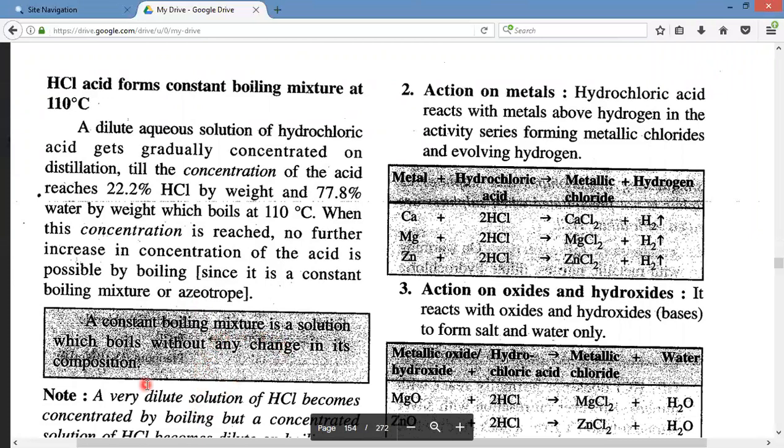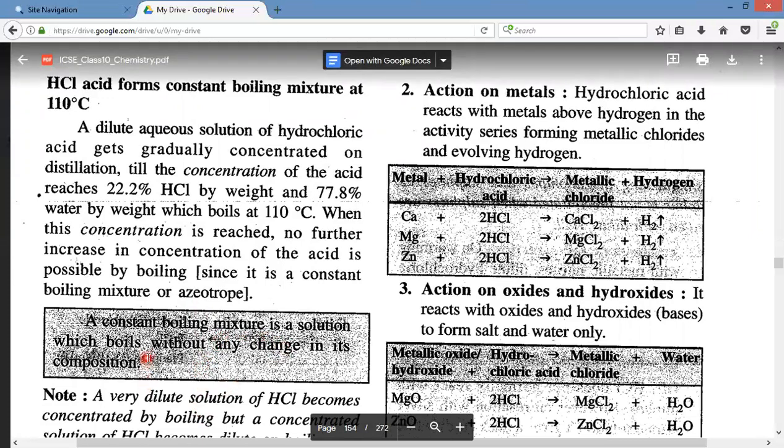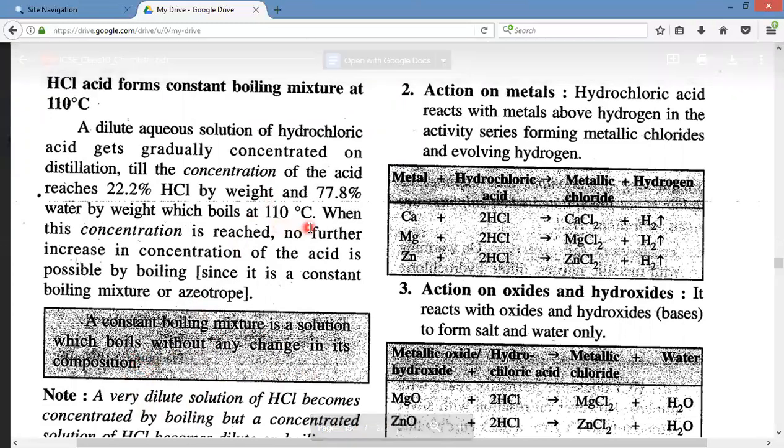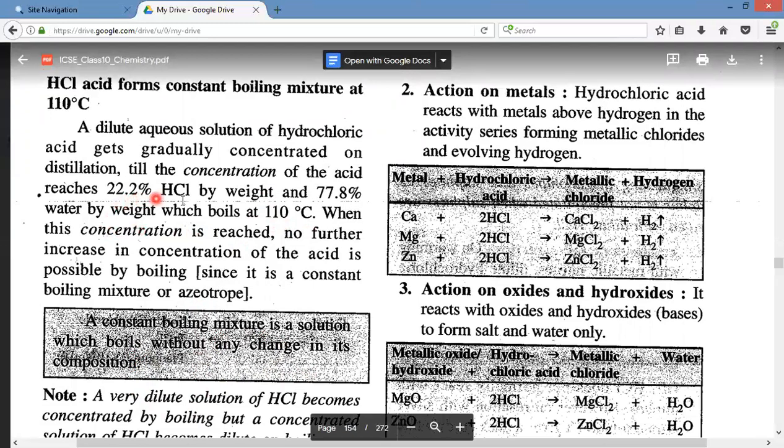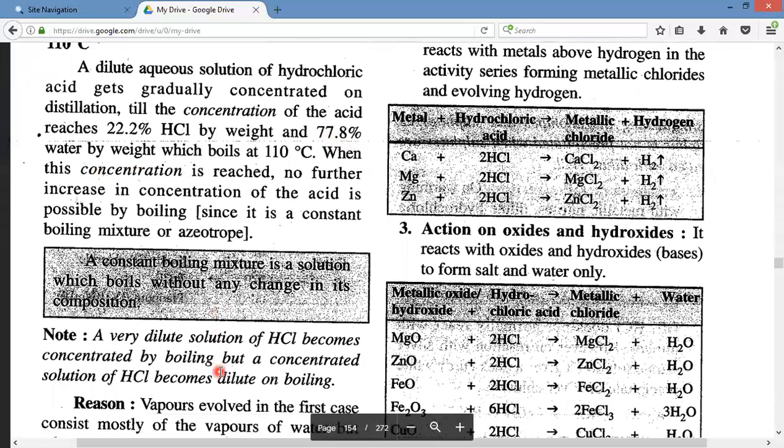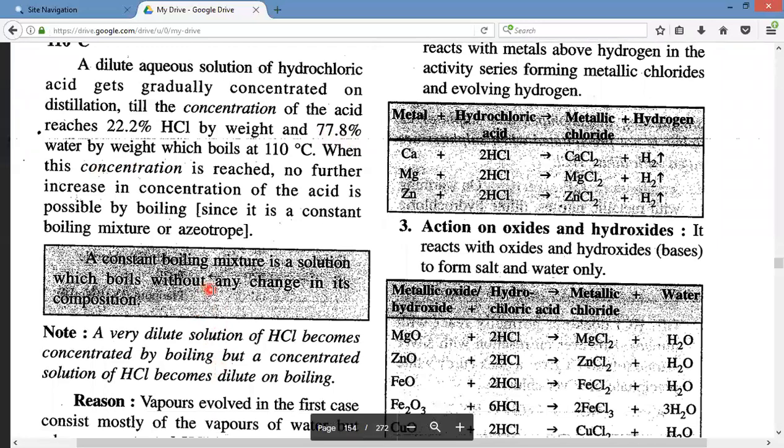It is a solution which boils at 110 degrees Celsius without any change in the composition, meaning the property of the HCl will not change here, and at that temperature, 22.2% HCl by weight and 77.8% water by weight is there. This is called a constant boiling mixture. Constant boiling mixture means that at that point the composition will not change.